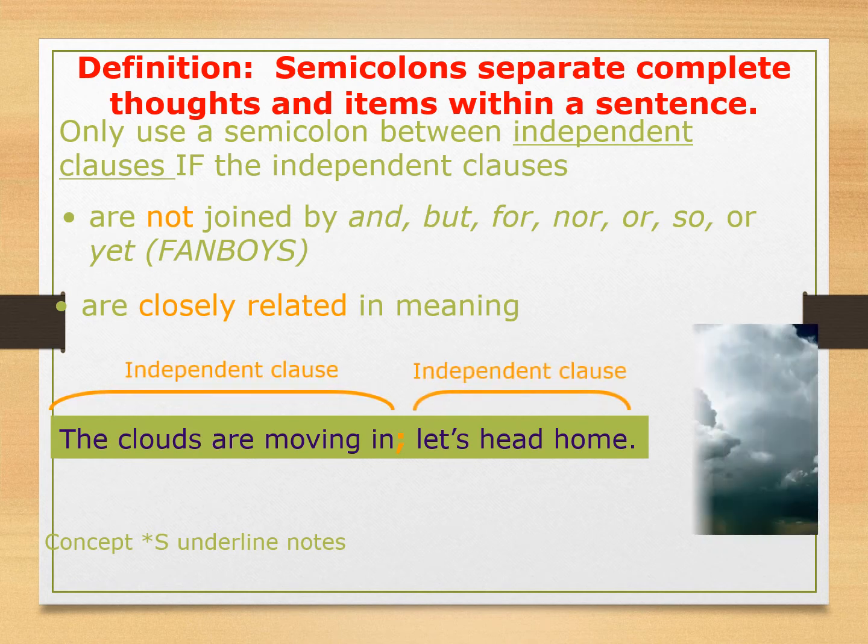For example, let's head home. The clouds are moving in. It's an independent clause. Let's head home. It's also another independent clause. So we have to use a semicolon between two independent clauses. Okay?